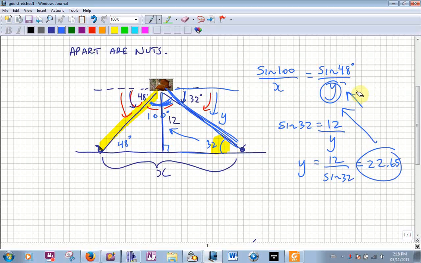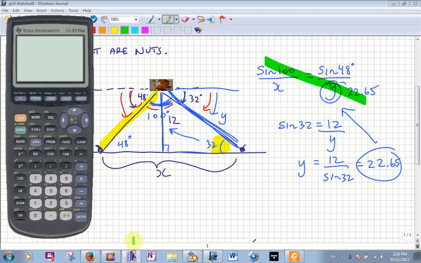Now I'm going to put that in there. Solve that thing for x. Okay, that times that divided by that. Am I in degrees? Yes, I am. Sine of 100 times 22.65 divided by sine 48 is 30.01.